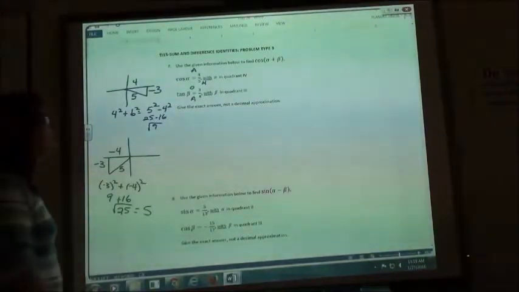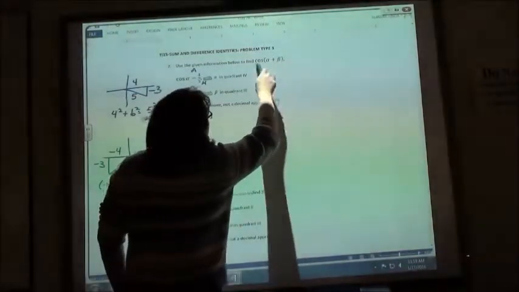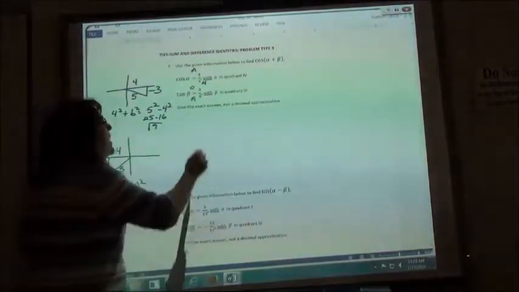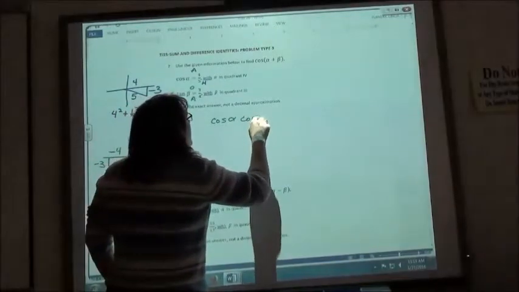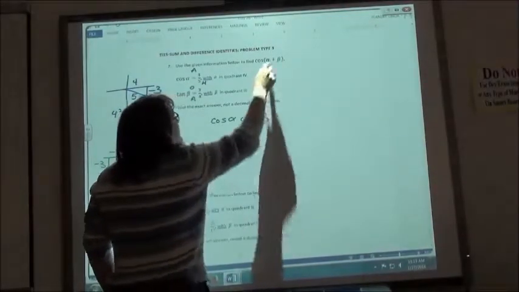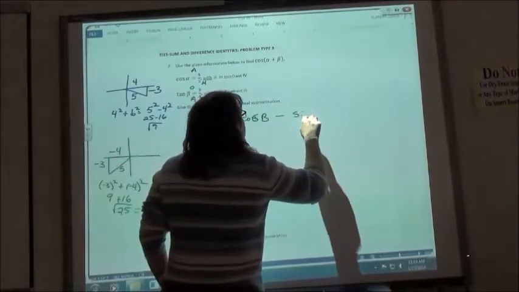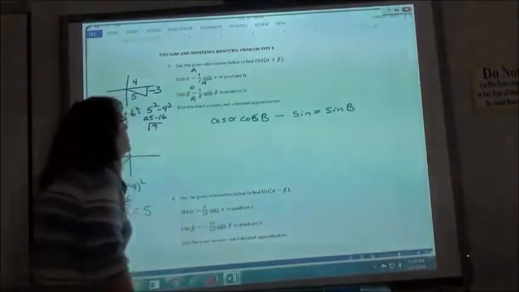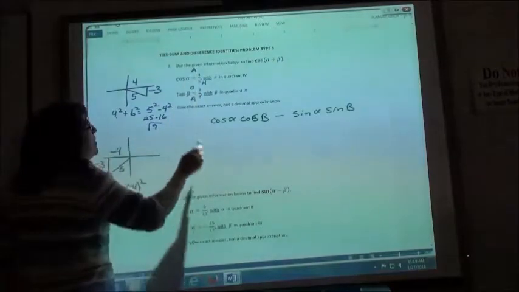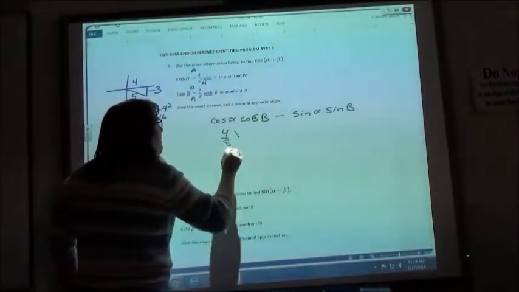So now if we look back at our formula for cosine of alpha plus beta, I'm going to have the cosine of alpha cosine of beta. That's a plus, so this will be minus sine of alpha sine of beta. So cosine of alpha, that was easy. They already told us it was 4/5.